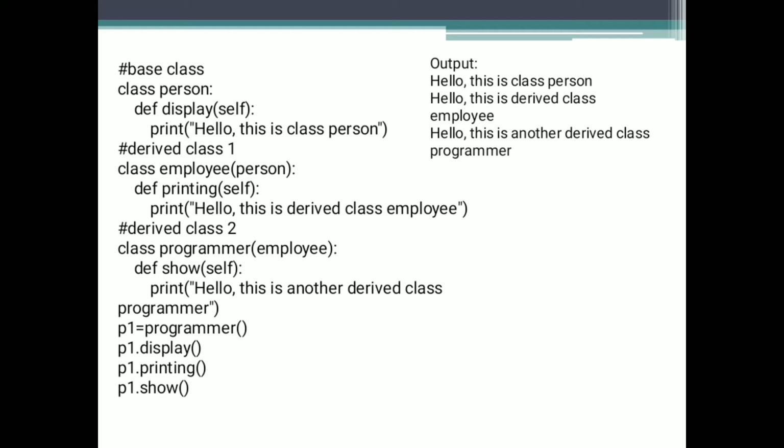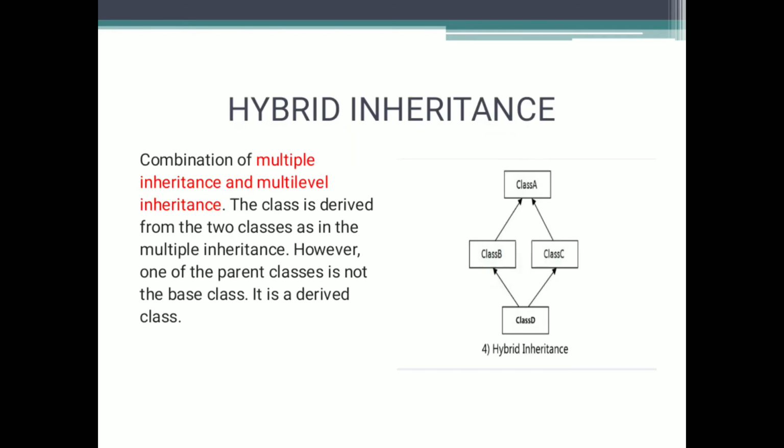We create an object P1 for the Programmer class and we call the methods belonging to class Person, class Employee and class Programmer. After running this program, we get the output: Hello, this is class Person. Hello, this is derived class Employee. Hello, this is another derived class.